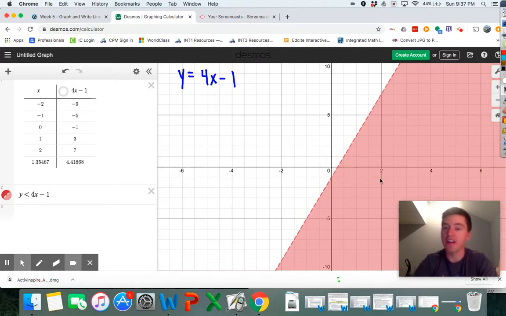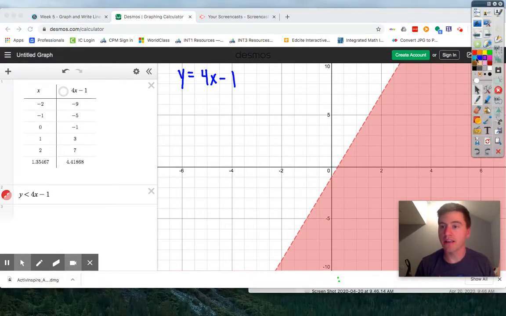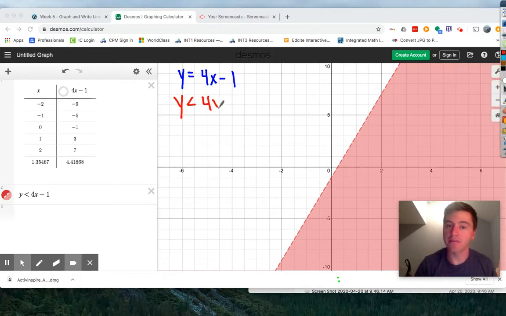We got a shaded area and we have a dotted line. Okay, what does that mean? All that means with the dotted line is that we're no longer allowed to have these things be equal to each other, right? We've got an inequality now. y is less than 4x minus 1. It's not allowed to be equal.